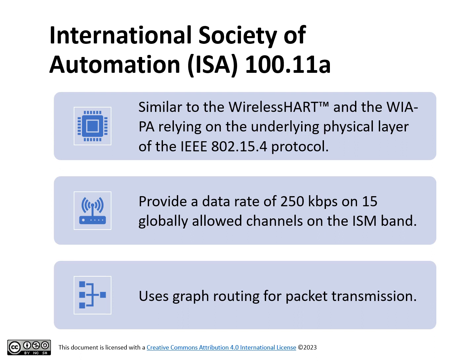The ISA 100.11a data link layer provides support for the creation, maintenance, and packet forwarding. It uses graph routing for packet transmission. Graph routing provides for a number of different data paths for different types of network traffic within the data link subnet.